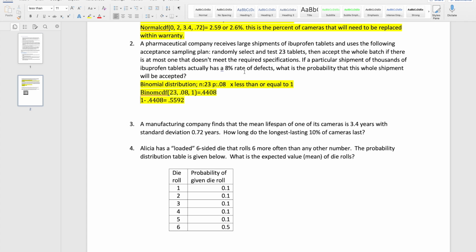Now this is the probability that... I'm stuck here for a moment, but I can think this through.